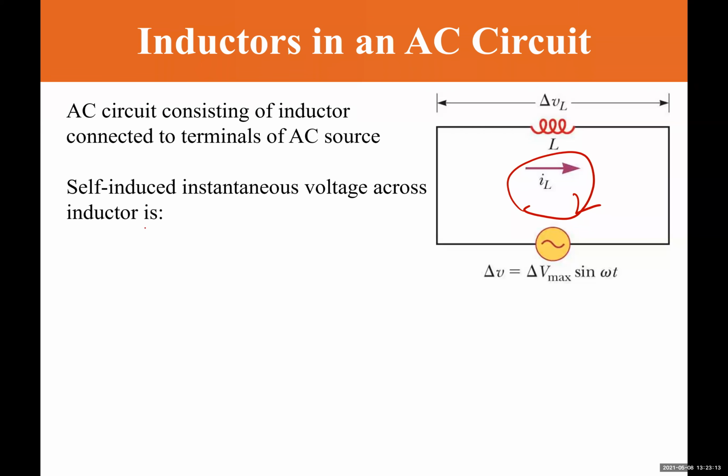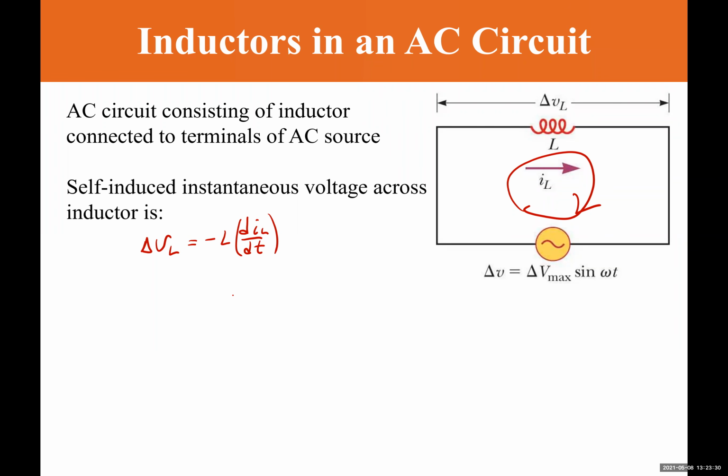Delta VL, the voltage across the inductor, remember, equals negative L dIL/dt. This is from the last chapter.